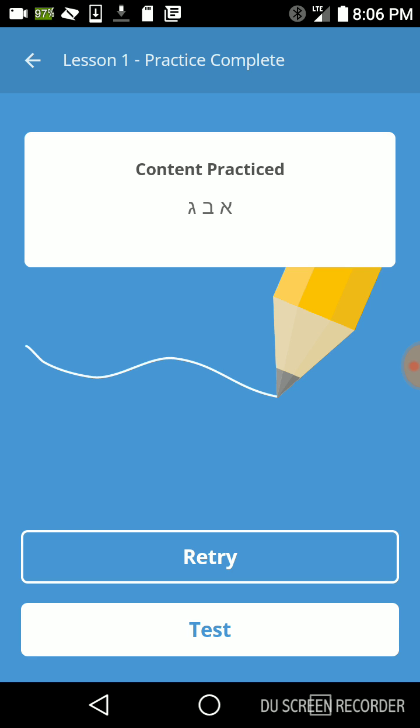Something is wrong with the app. So that's just a little glitch that somebody who was a checker did not correct. So just go back and do it again, and hopefully go all the way back like that twice, and do Aleph again, and let's see if we get the whole letter.